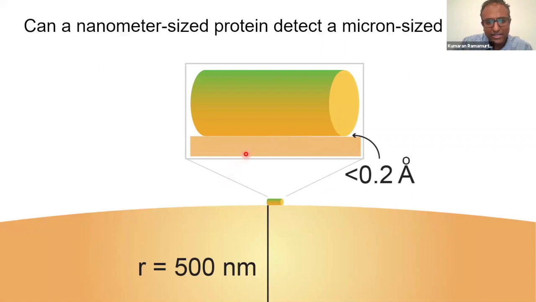And what you can see here is that, if you do some quick calculations, the difference in membrane inflection from one side of this protein to the other is less than 0.2 angstroms. So this is basically the difference in whiteness that you see here in the scale drawing between this side and this side. To put this in perspective, a carbon-hydrogen bond is a whopping 1 angstrom. So basically, this is like you standing on the surface of the Earth trying to tell if this is curved or not. So this is the challenge that we're facing here.